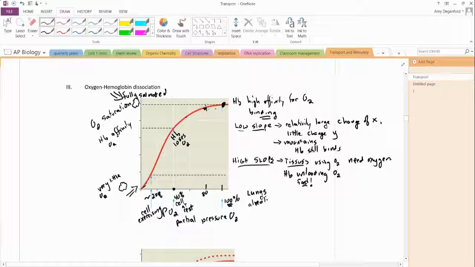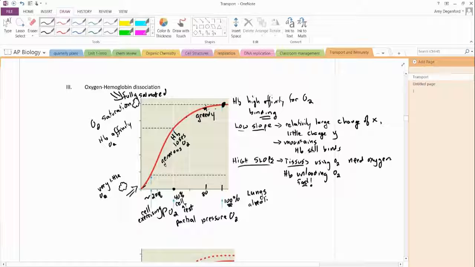So I've used the analogy that hemoglobin is a kind of multiple personality molecule. It can be very, very greedy up top here and grab onto oxygen, but then real quickly it's going to be very generous and lose that oxygen for the tissues.